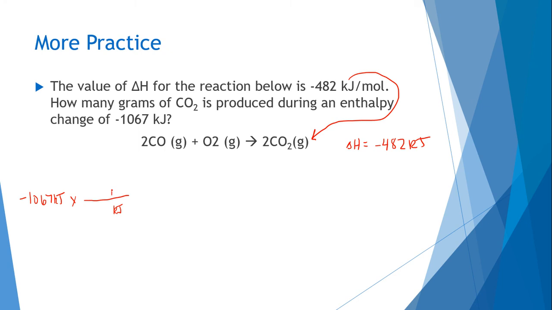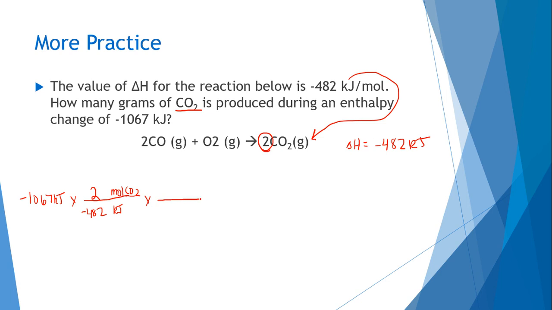So remember, this is always going to go with our moles. And specifically, we're looking at moles of CO2. So when I look at this, my kilojoules value was negative 482. If I find CO2, I notice that my coefficient is a 2 for my 2 moles. That gets rid of my kilojoules, but now I have to somehow get from moles to grams.